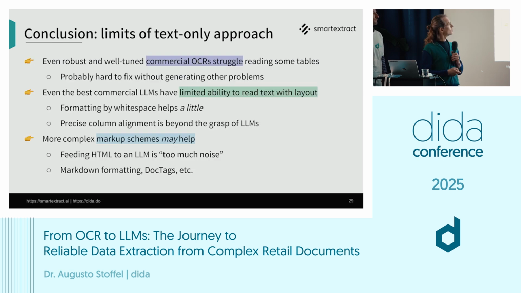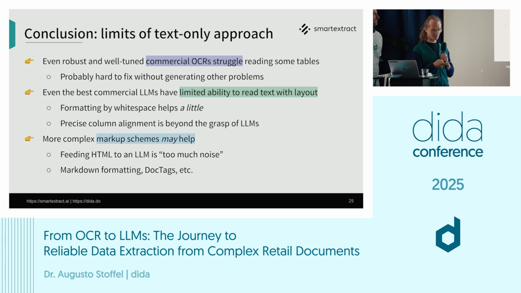So to summarize what we've seen concerning this text-only approach: even robust and well-tuned OCRs can struggle reading some documents, and this is by their nature probably hard to fix. Even the best LLMs have limited ability to understand the layout of the text.